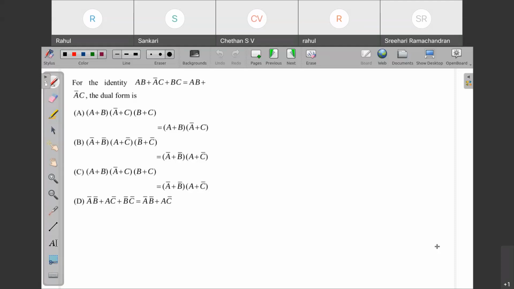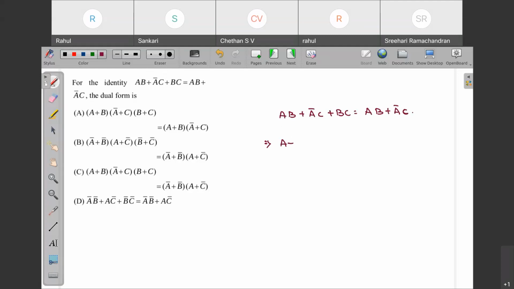So this is what AB plus A complement C plus BC is equal to AB plus A complement C. This is your consensus law. They have asked what will be the dual form.